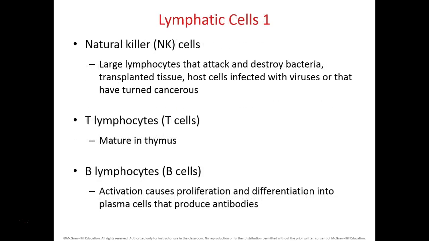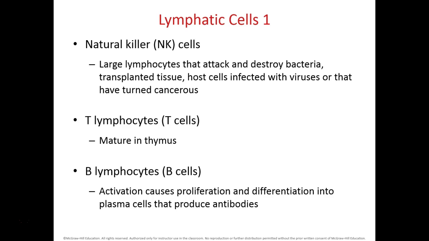All right, so now talking about the different cell types that you would see in the lymphatic system. Natural killer cells, these are NK cells. They're basically large lymphocytes. They attack and destroy bacteria, transplanted tissue, so if tissue comes from a different source other than self, these natural killer cells will attack it.